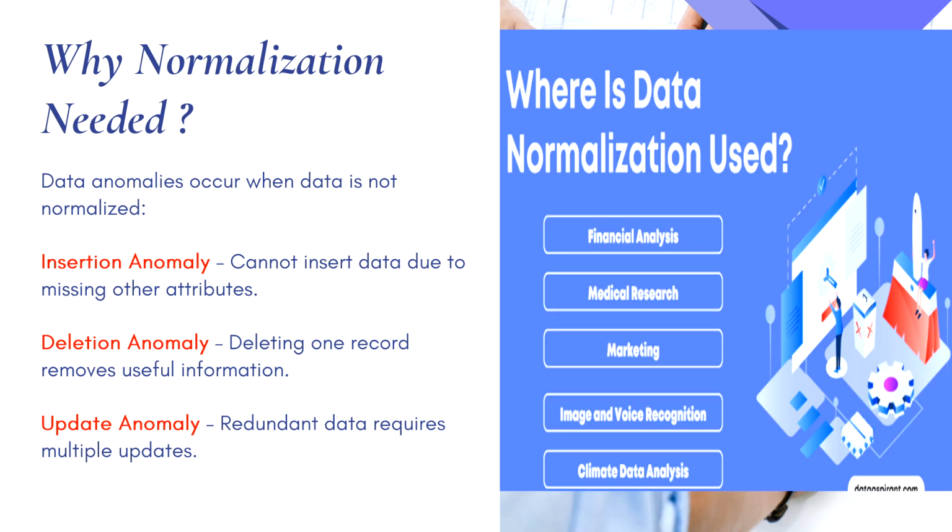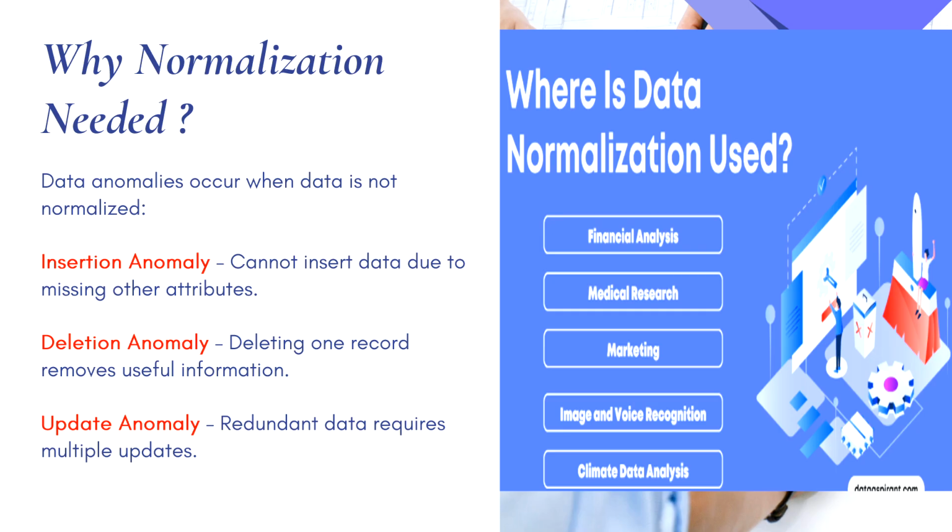Second one, deletion anomaly. Deleting one record might remove other important information. For example, deleting a student could also delete their course details. Third one, update anomaly. Redundant data requires multiple updates, leading to inconsistencies. Normalization helps avoid all these issues by structuring the data properly.